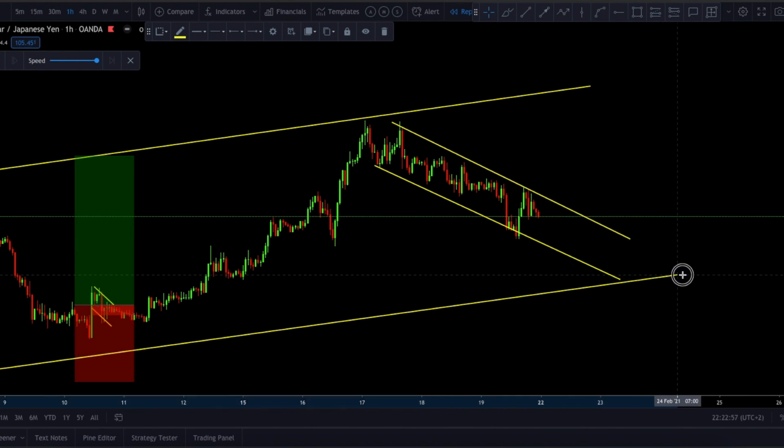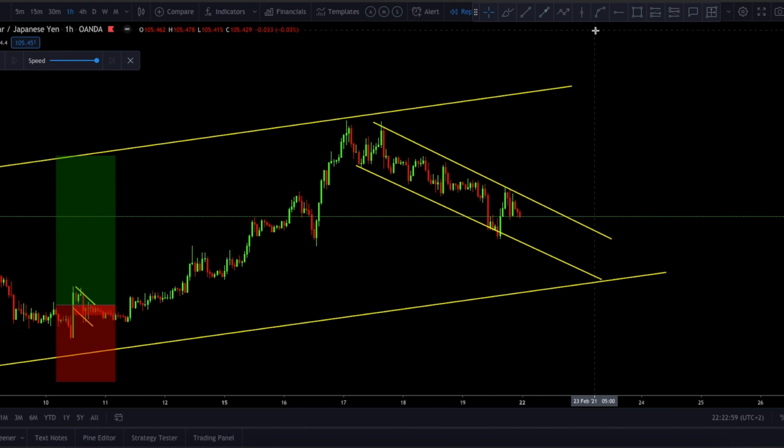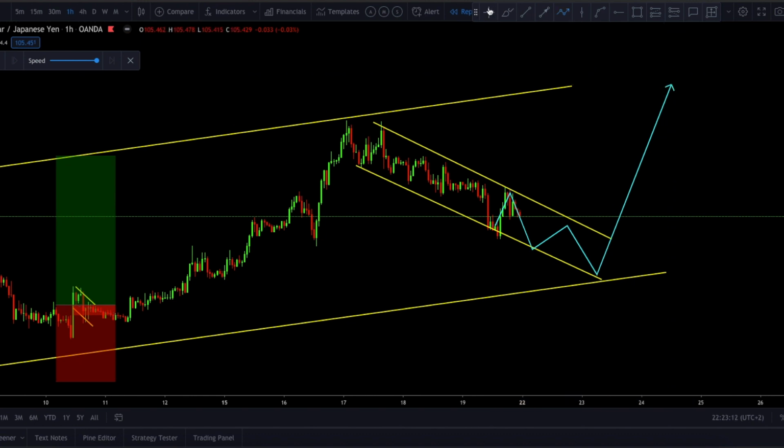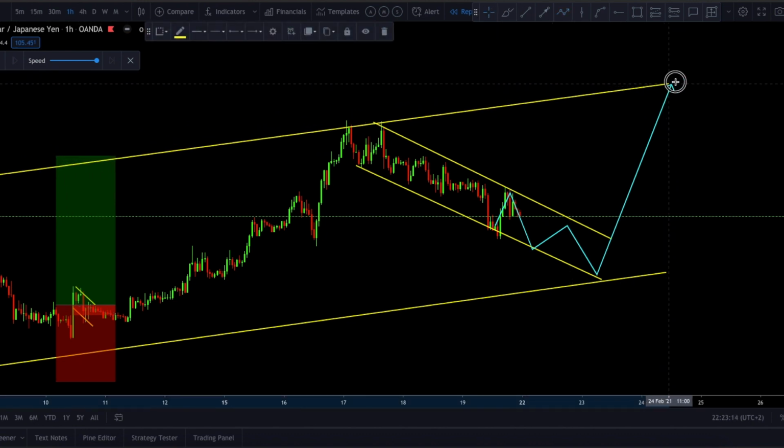Within these two lines. So it might push like this, push like that, come to this line. When it comes here, what are you going to do? You're going to buy again. Simple as that. It is so simple, guys.